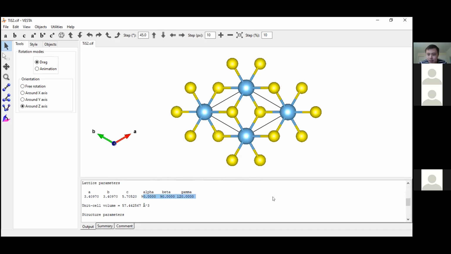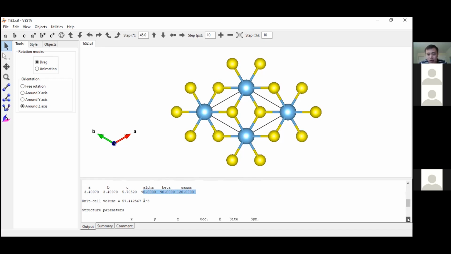So that's fixed. Now we're entering the detailed structure information, right? For the lattice dimension, we just have two degrees of freedom. There are only two variables to determine the exact size of the unit cell.